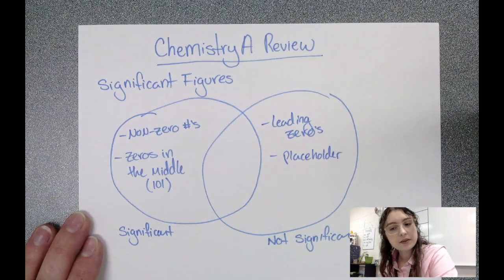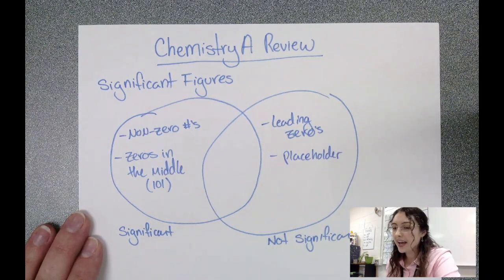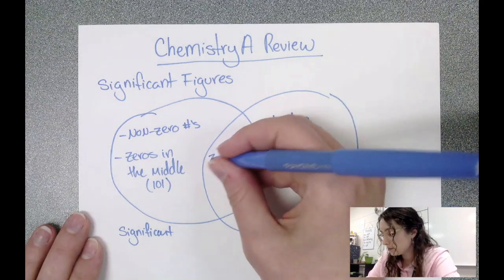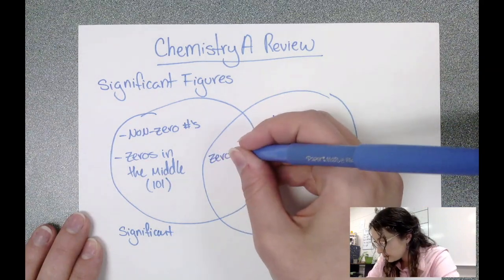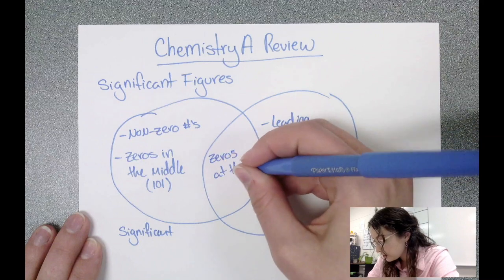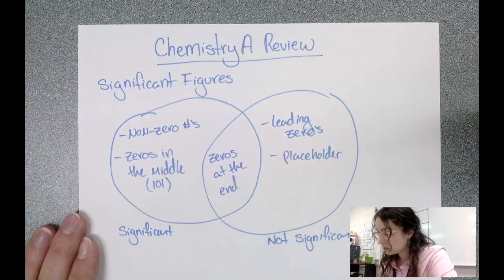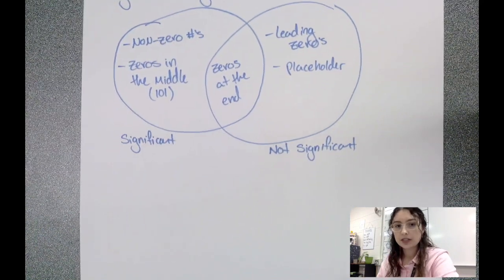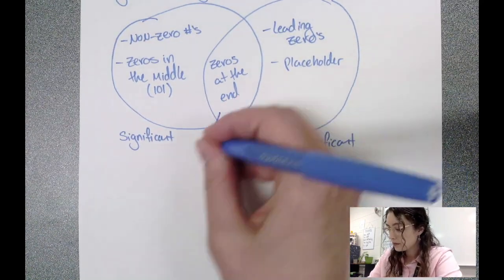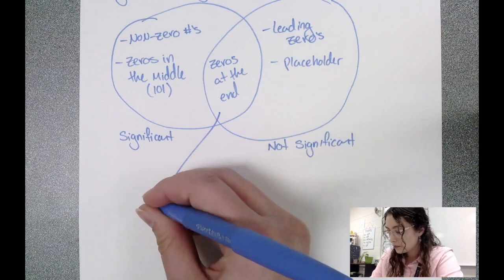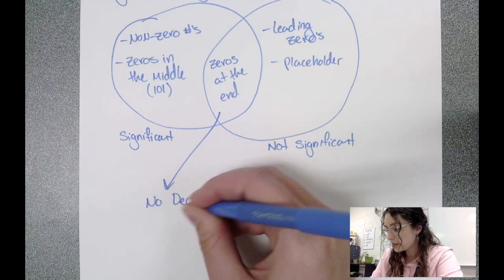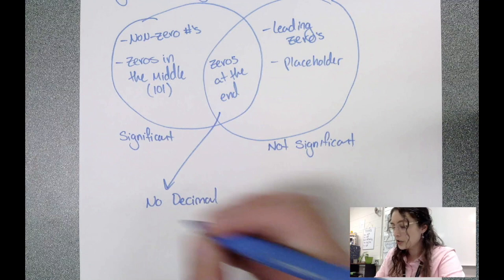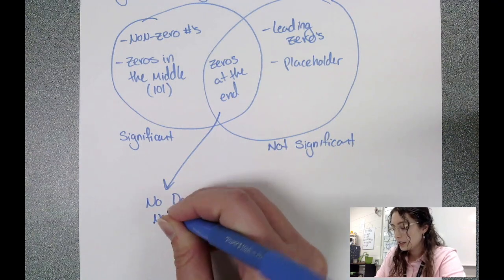The things in the middle are zeros at the end. That's where it can get tricky. So zeros at the end, it depends on whether there's a decimal point involved. So if there's no decimal, our zeros at the end are not significant.